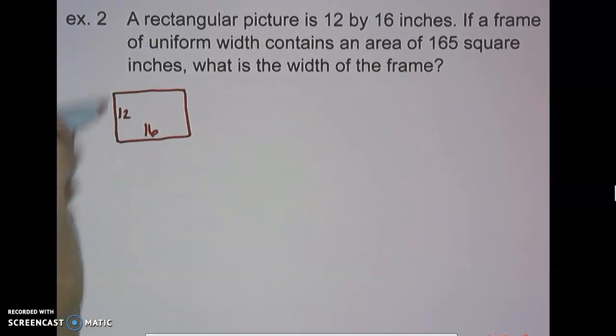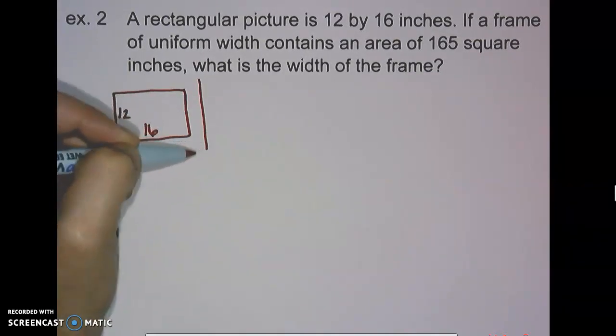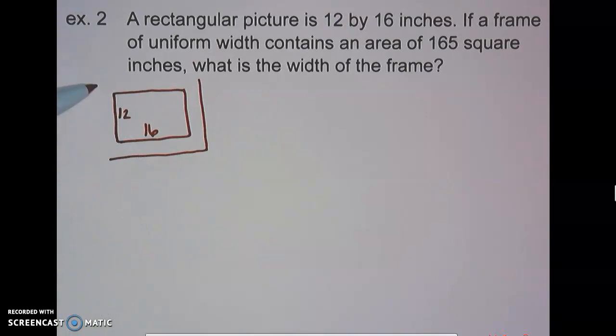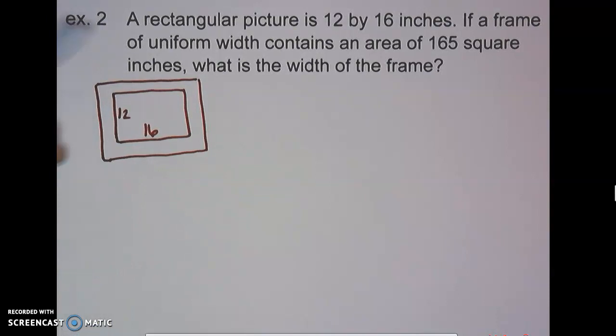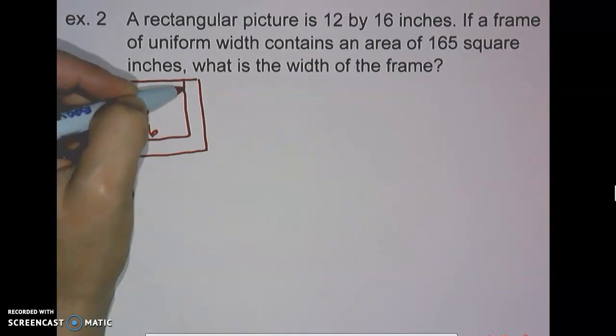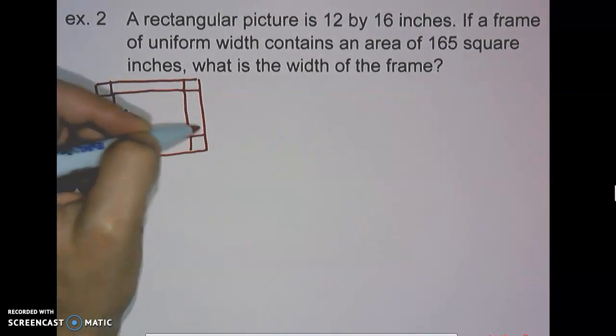And we are going to put a frame of uniform width around this, which means that on all sides it's the same width. So on all sides here, it's going to be some distance x.